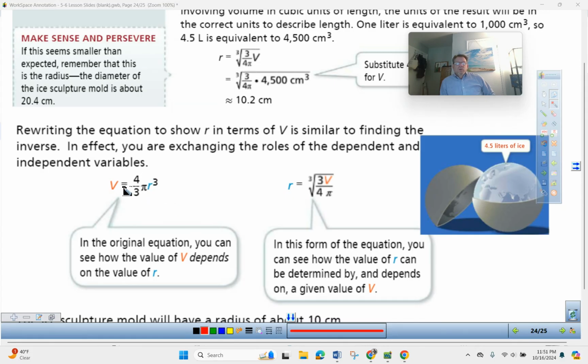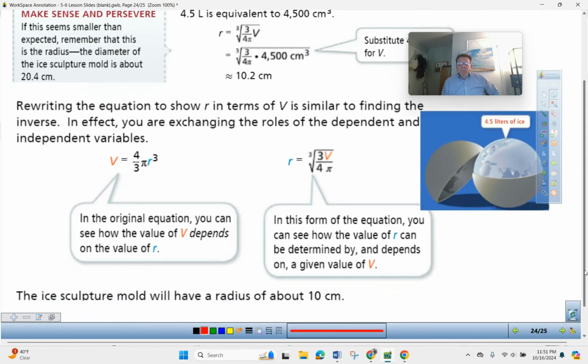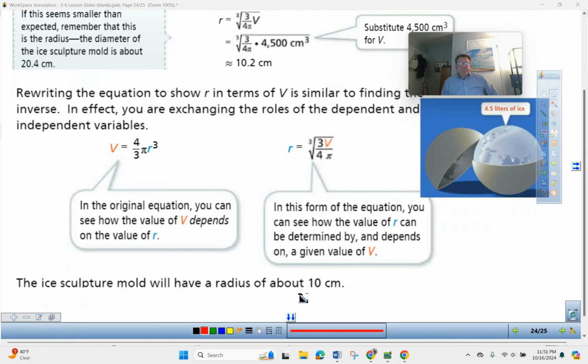So when you go from the first formula to the second one, the roles of r and V have switched. But when you're dealing with a formula like this, we don't actually switch them like we talked about with switching x and y. In this situation, we're not going to do that. And they're saying basically about a 10 centimeter radius.